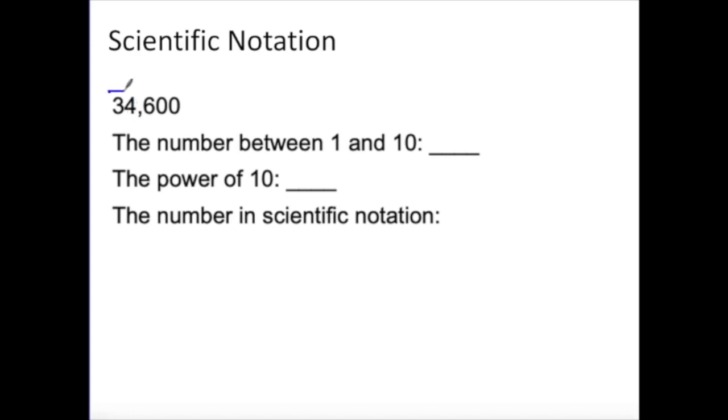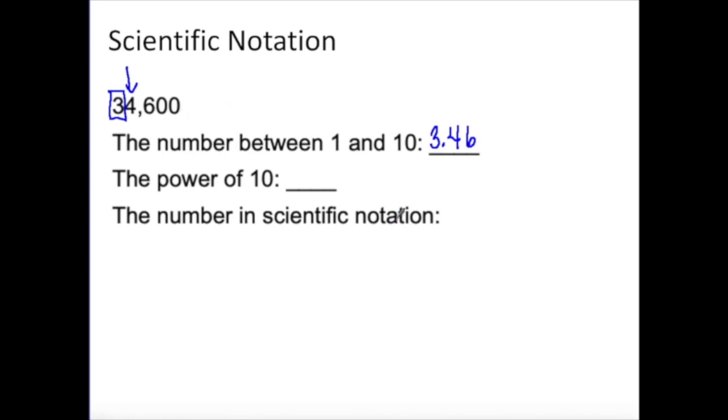So it would be 3. So the number between 1 and 10 would be 3.46. Because if I moved the decimal right here between the 3 and the 4, that gives me a number that's greater than 1 but less than 10.